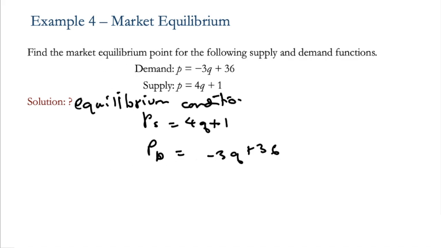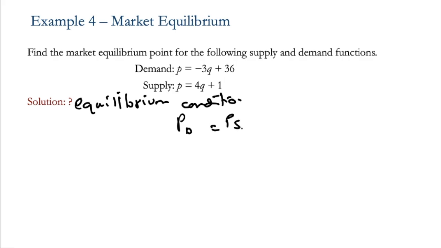So here, the equilibrium condition says what? PS or PD, up to you which one comes first, the price of demand equals the price of supply. So in this case, demand is what? Minus 3Q plus 36.